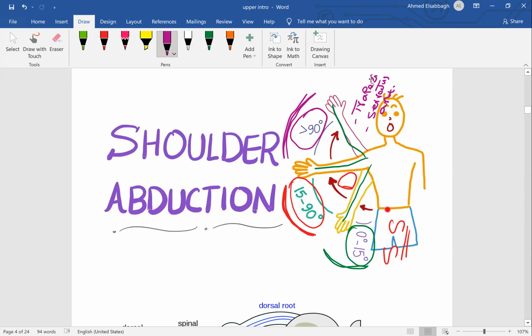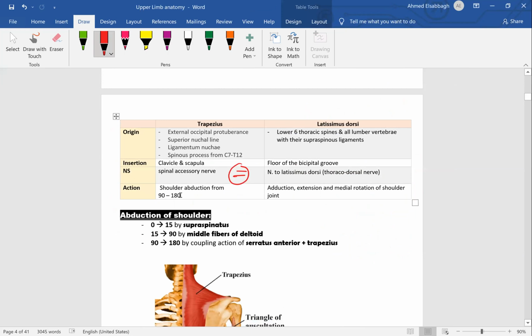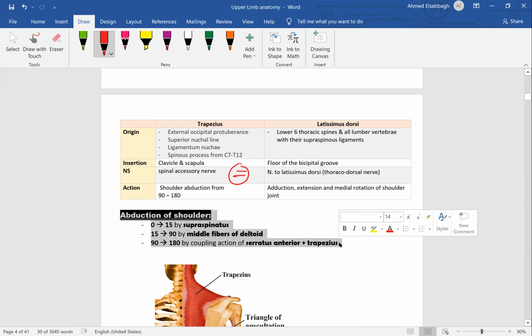What will be the action of trapezius? The action of trapezius is shoulder abduction from 90 to 180 with the help of serratus anterior. These are the grades of shoulder abduction, very important. Trapezius has another action, please add it to the notes, which is shrugging of the shoulder.